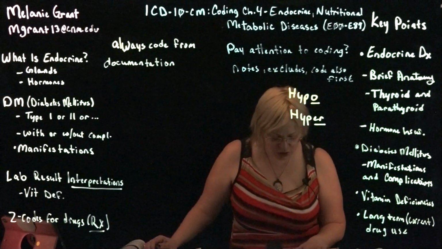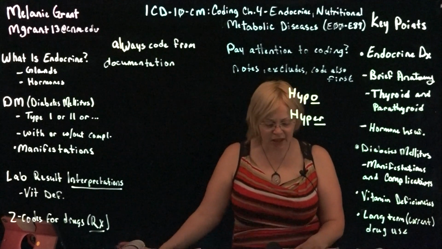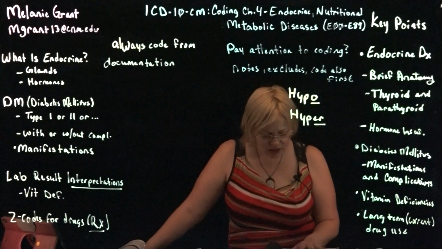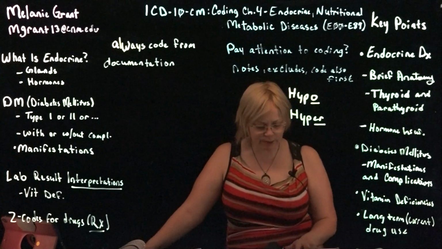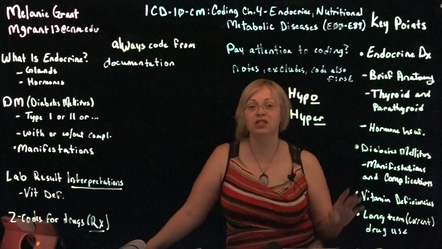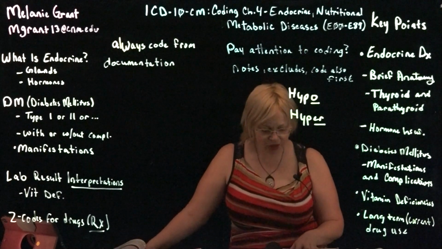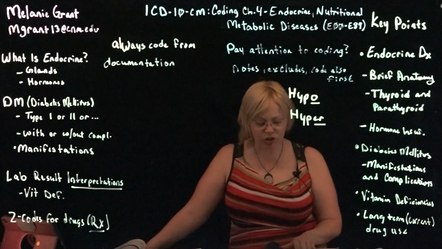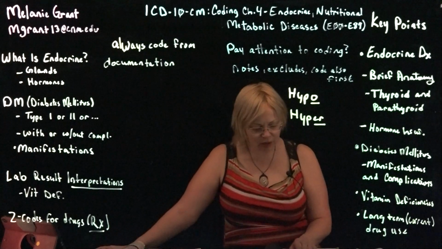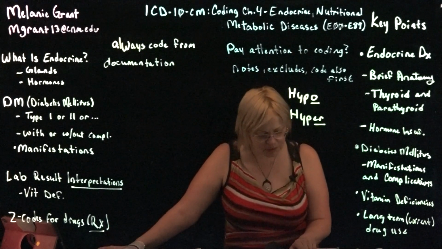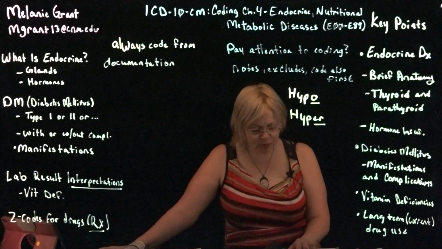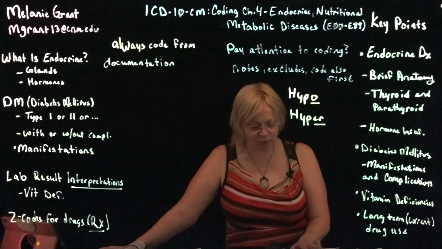The endocrine system does have several blocks. We have disorders of thyroid, diabetes mellitus, other disorders of glucose regulation and pancreatic secretion, disorders of other endocrine glands, intraoperative complications of the endocrine system, meaning complications that were caused by an operation, malnutrition, other nutritional deficiencies, those are things like your vitamin deficiencies, overweight, obesity, and other hyperalimentation, metabolic disorders, and last but not least, post-procedural endocrine and metabolic complications.